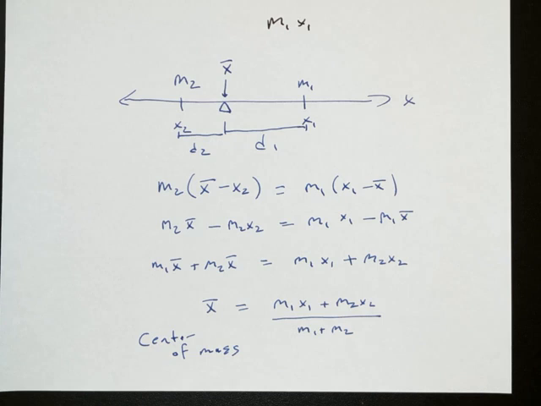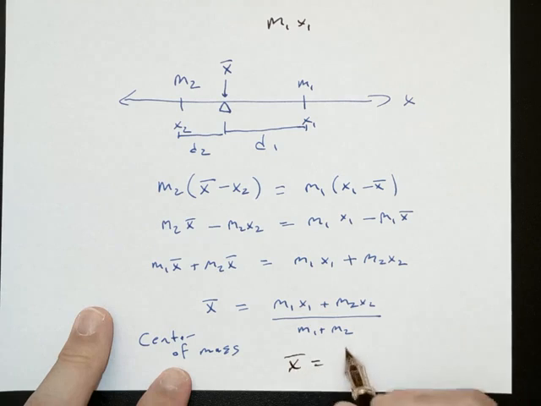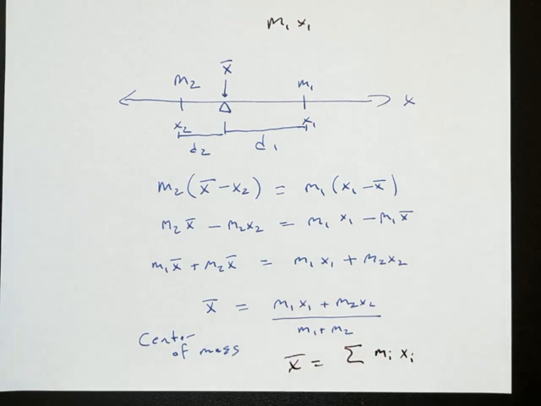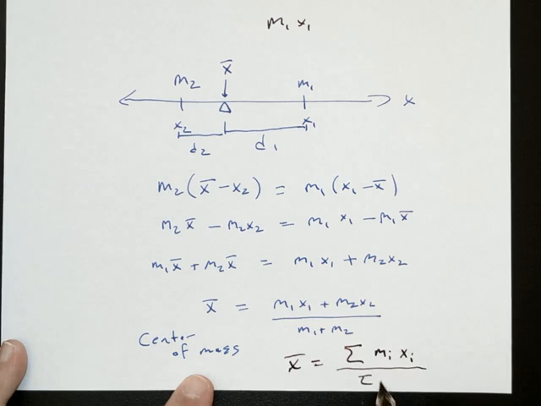By the way, it works for more than one pair of weights. It works for as many as you want. In general, what you need to do is take the sum of all of the products of the masses with their positions and divide by the sum of the masses.